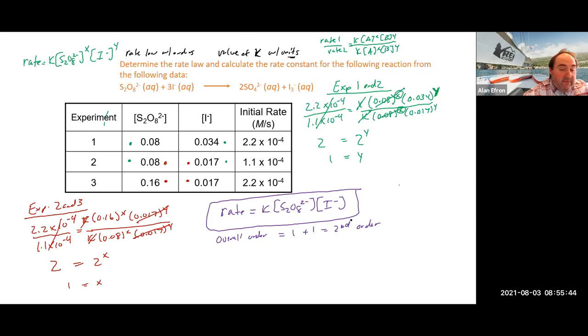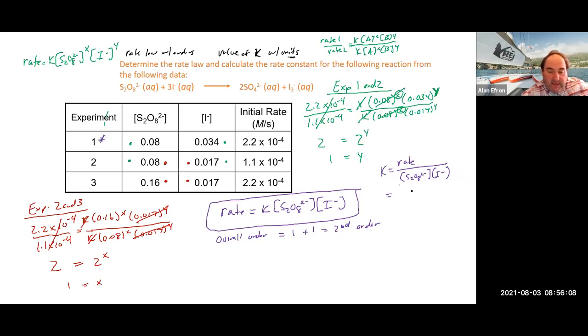As we talked about before, you could choose any of these entries to figure out the value of k. In this case, we want to rearrange our rate law, so k is equal to the rate divided by S2O8 minus times I minus. Here, I'm just going to choose entry number 1.